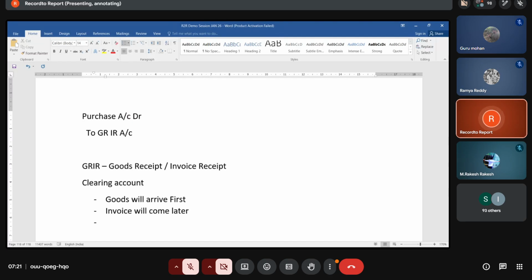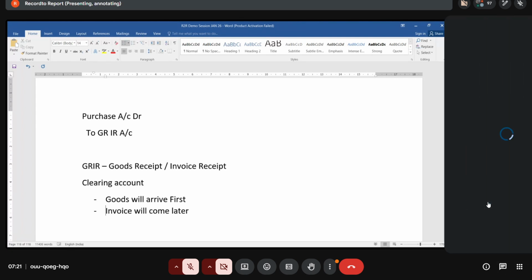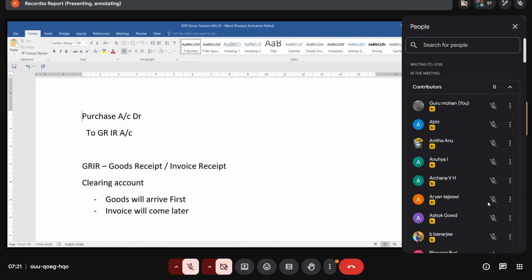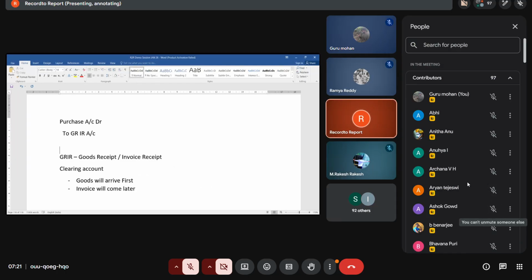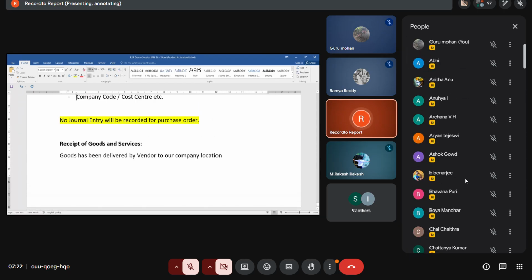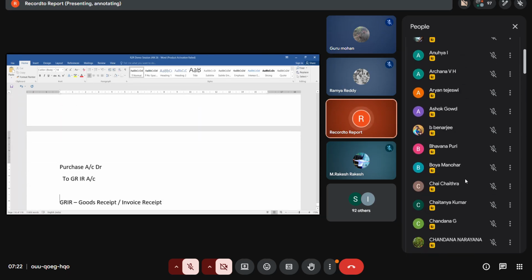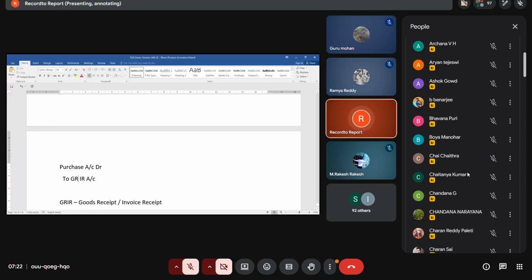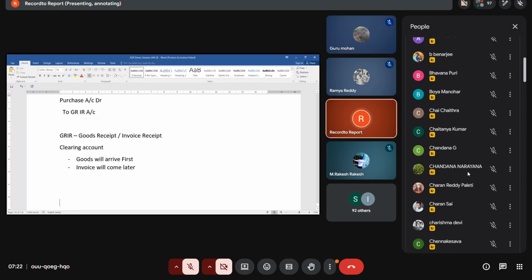So to handle the differences, we will post to this particular account. There are some cases where the details are not matching, guys. So companies will not directly post to the vendor account. First, they will post to the GRIR account. GRIR account is one of the clearing accounts. This account is maintained for temporary purposes. So GRIR is goods receipt, invoice receipt.